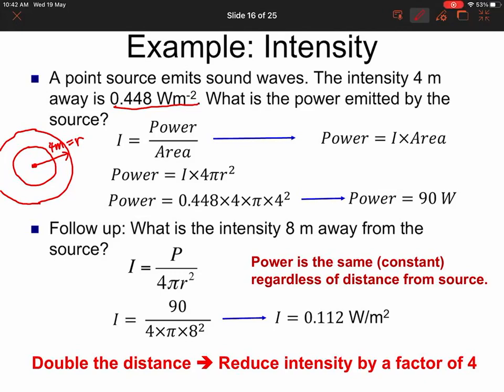Double the distance, that means 2 raised to the power of 2 is 4. That means the intensity should decrease by a factor of 4. So loudness decreases quite quickly over distance from the source.